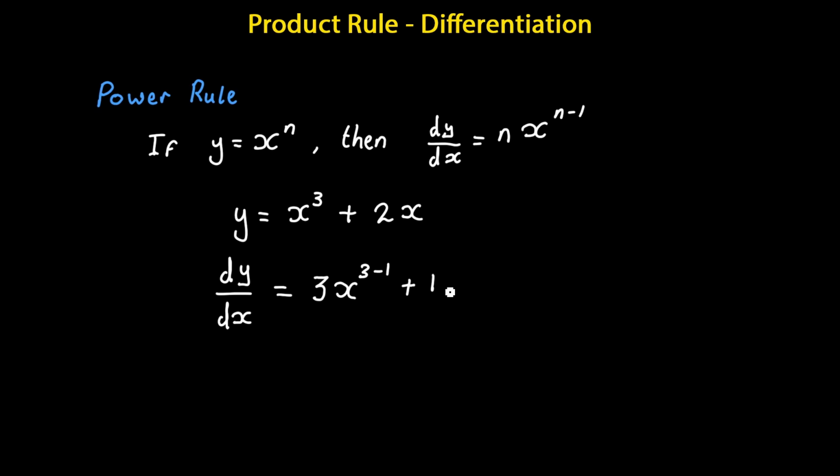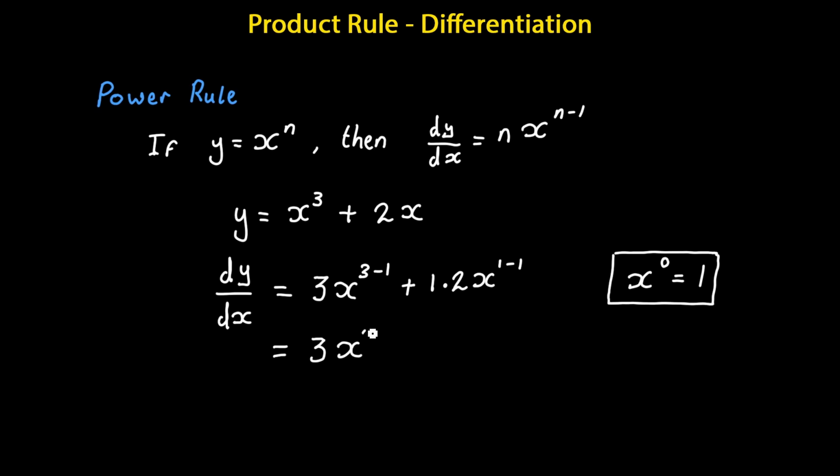And we'll do this with the second x term and any following x terms after this, giving us x to the power of 0. And x, or anything to the power of 0, is always equal to 1. So our derivative for this polynomial equation, for this cubic equation, is 3x squared plus 2.